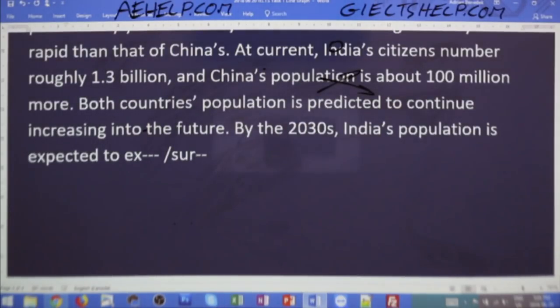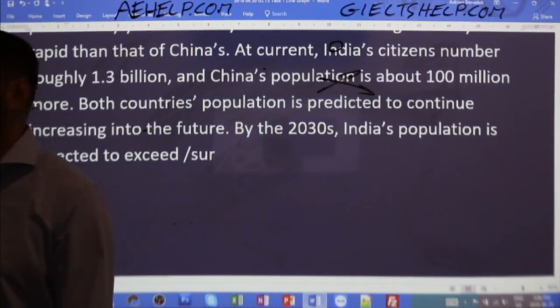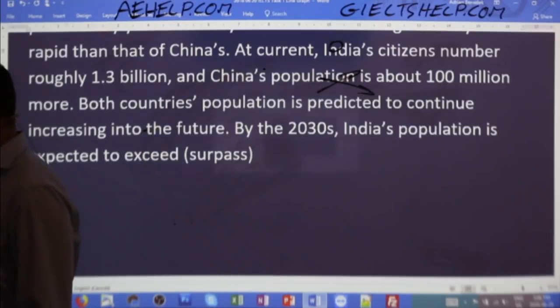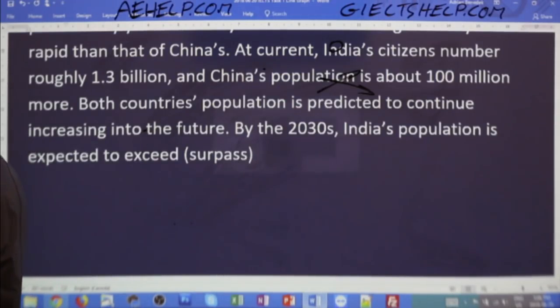So exceed would be okay. So one word that you could use here is exceed. Or the other word that you could use here is surpass. That's right. And it's not past tense, guys. Be careful. It's got to be future, okay? Because it's expected to exceed or surpass. Okay, don't write both. I'm just doing this so you remember the vocabulary. Remember the words exceed, remember the word surpass.